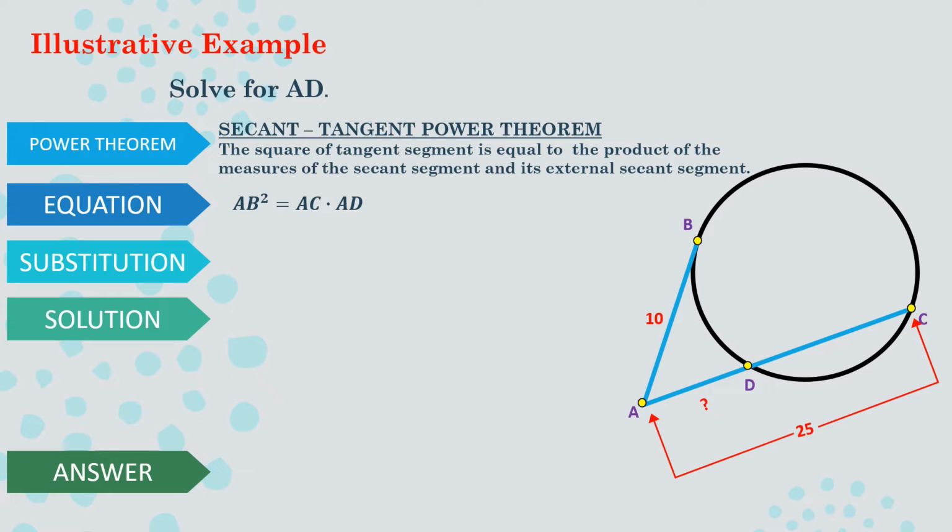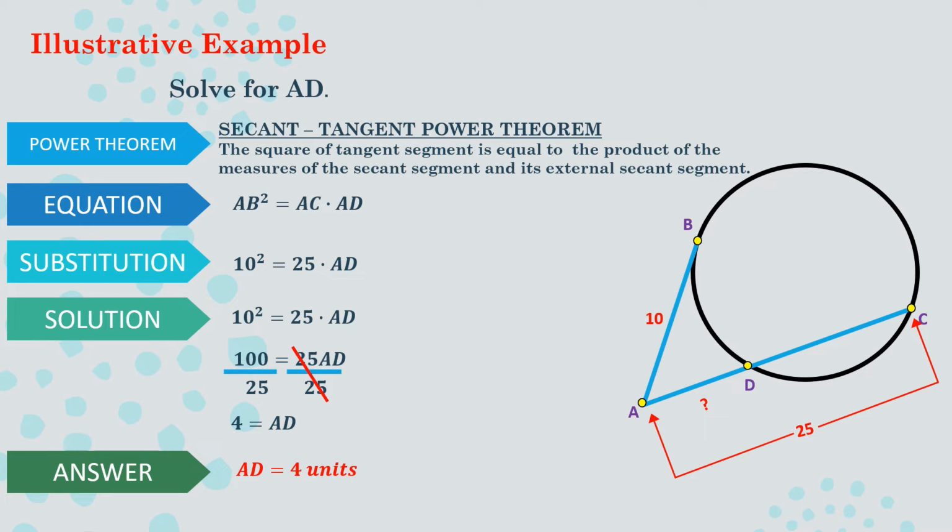We're going to substitute the given measures to our equation. So we will have 10 squared, replacing AB with 10, is equal to 25 times AD, replacing AC with 25. Then, solving for this, 100 is equal to 25 AD. Dividing both sides by 25, you will have AD is equal to 4. So therefore, the measure of AD is equal to 4 units.